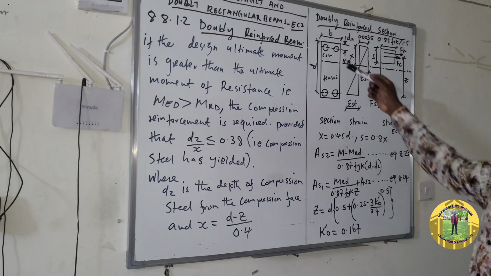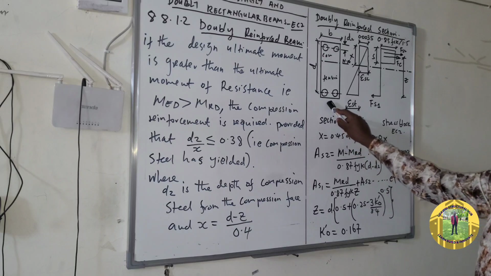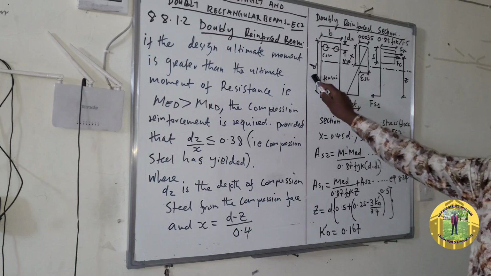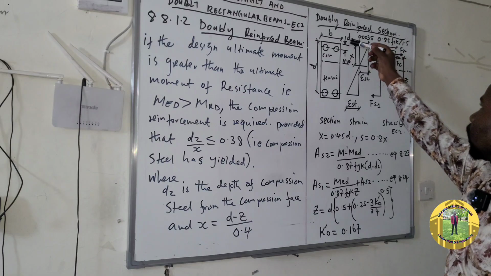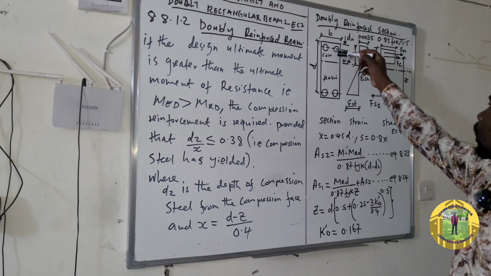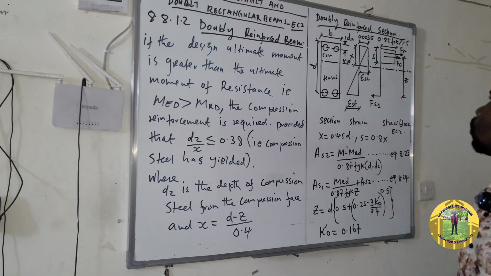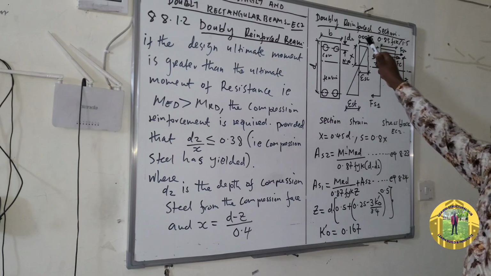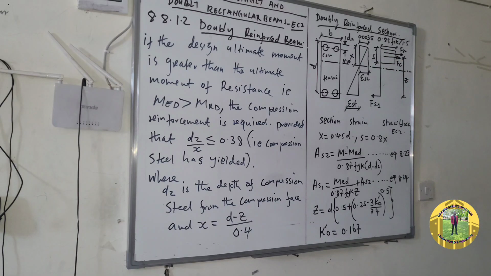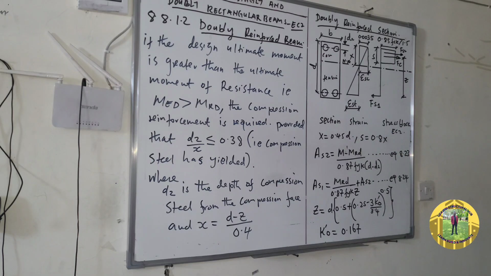From the compression face to the center of the compression reinforcement is what we call d2. And then you have the maximum strain in concrete, which is 0.0035, and this is the strain in steel.